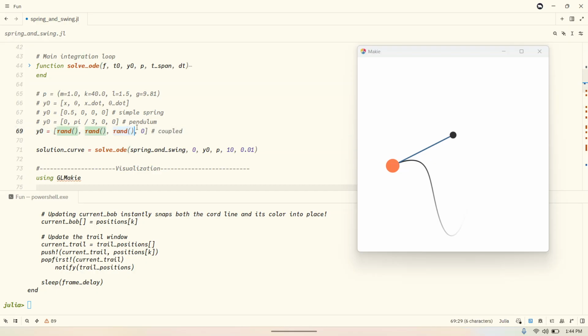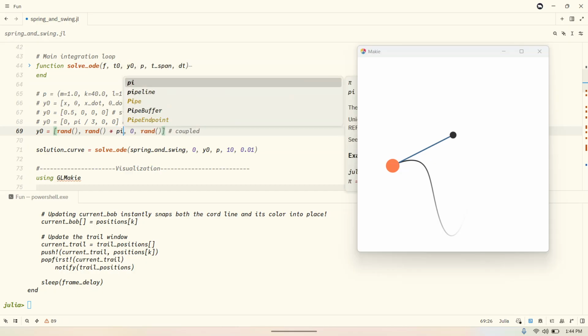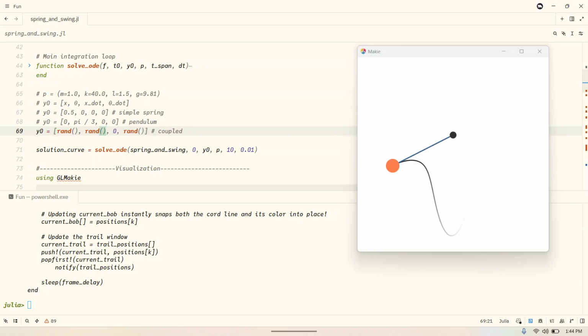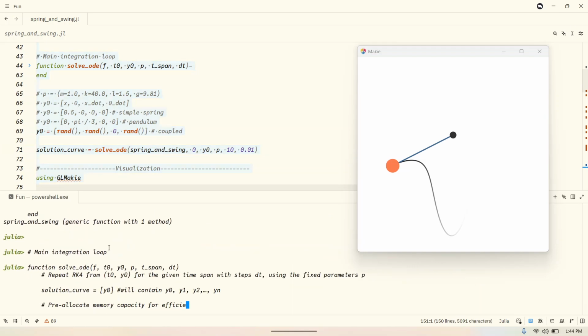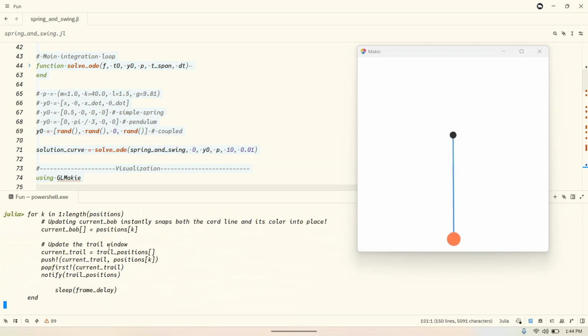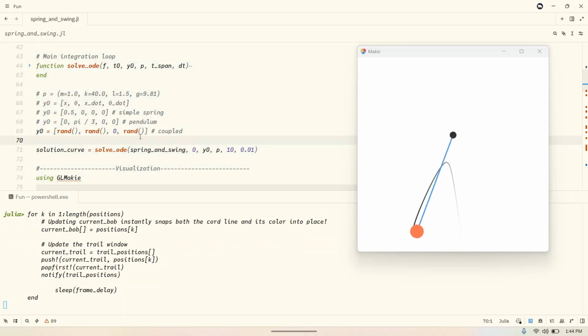Let's not do this because of the singularity. This should be fine. We can also just do this times 2 pi, or times pi. Yeah, but it doesn't matter. It's not too critical. For a moment there, I thought that it was.